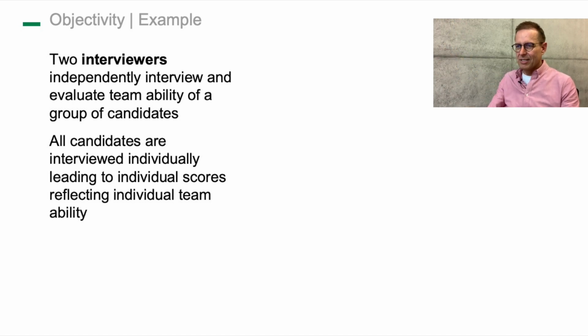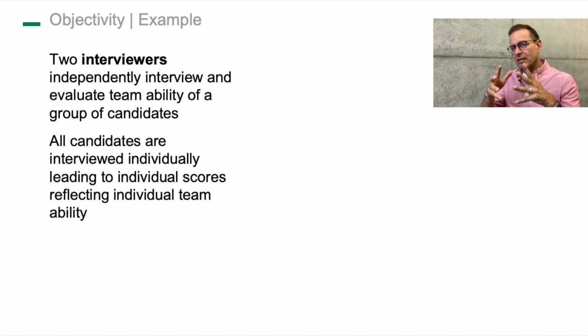Let's say there are 20 applicants, okay? And there are 2 well-trained HR professionals. Both have the same task. They have to estimate certain competencies of the applicants. So, in other words, that's a way of measuring things, right?